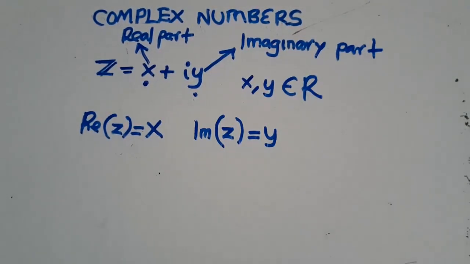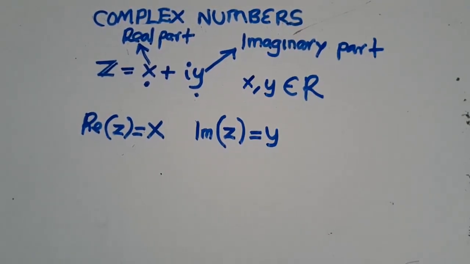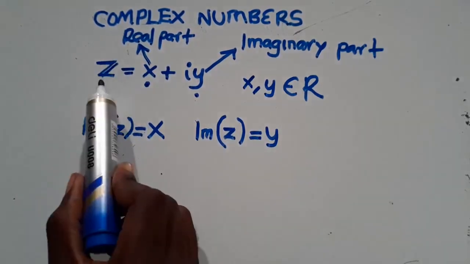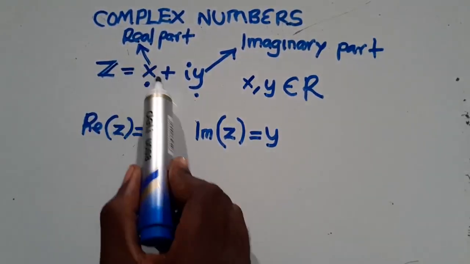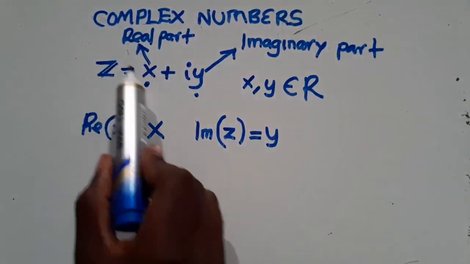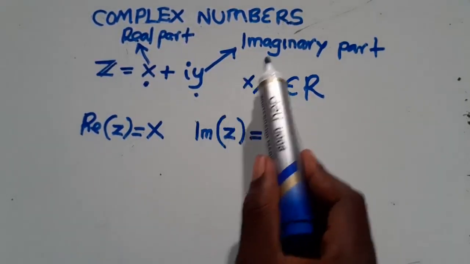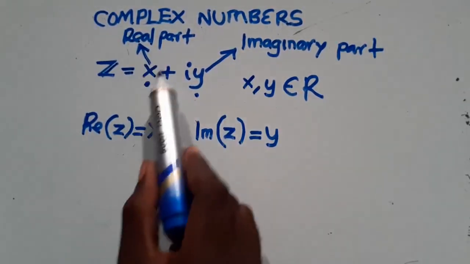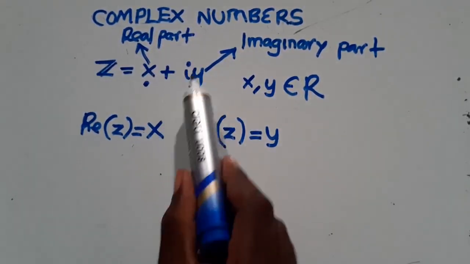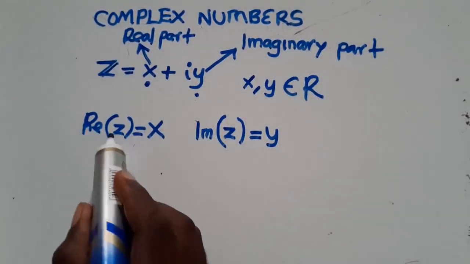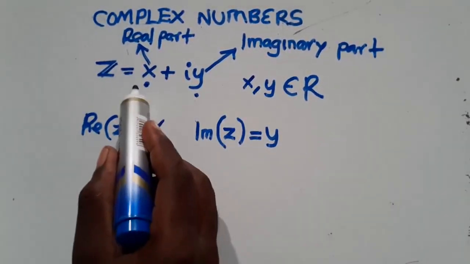I'm breaking down this topic so that we may understand each and every concept. So the real part of z is x according to that.